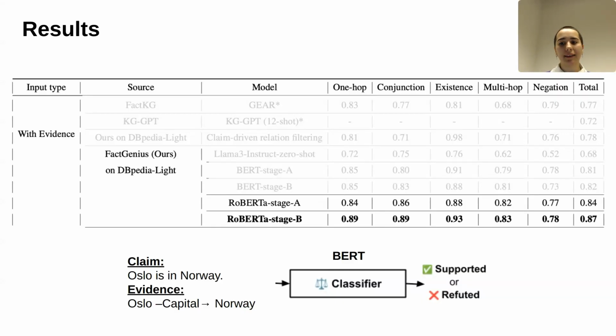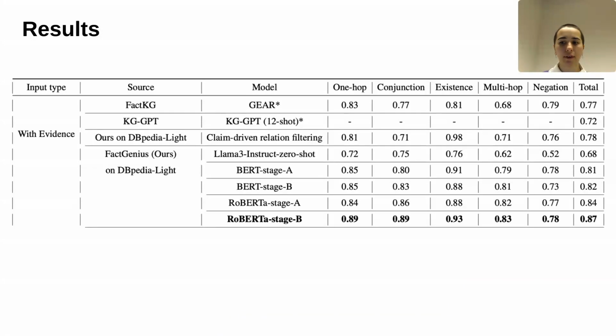And our best results were obtained when we used RoBERTa as a classifier, particularly with stage B validation, where we're actually maintaining more of the relevant connections. And the results are much, much better than existing state of the art. But these are results on this smaller version of DBpedia, not the full knowledge graph.